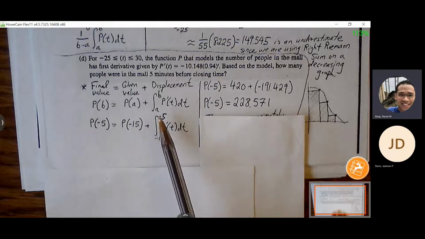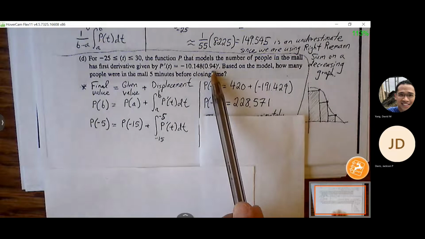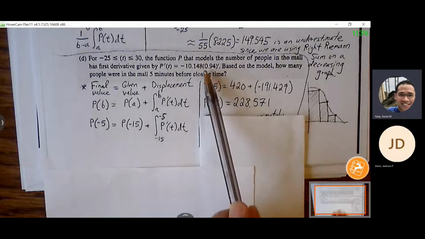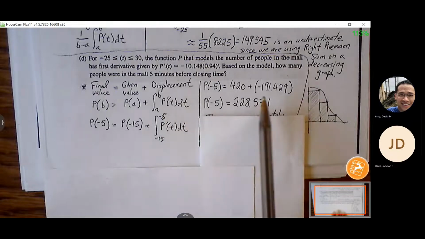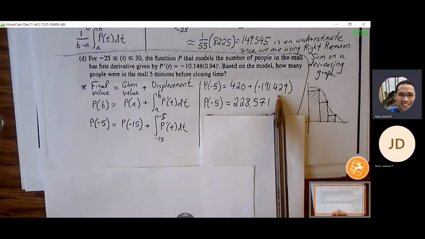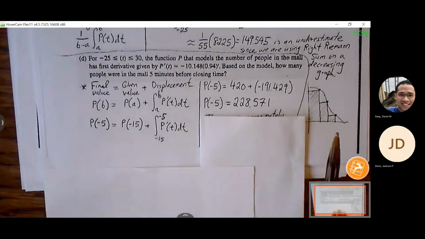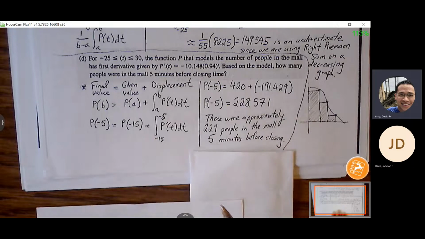Integral from -15 to -5, plug in your P prime. This will accumulate the number of people who've left in that 10-minute period. The number is -191. So 420 minus 191, 228.